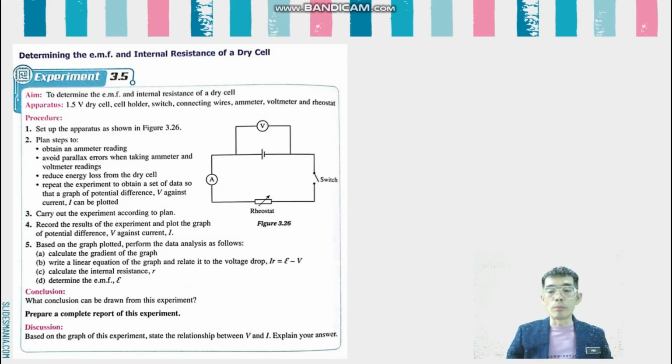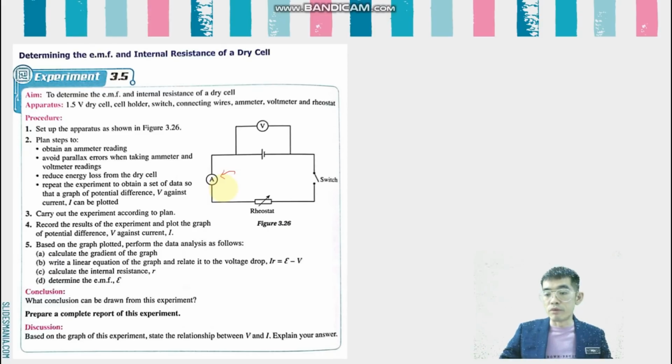This is a compulsory experiment you have already done in chapter 3, Form 5 syllabus, electricity. The experiment is experiment 3.5, to determine the E.M.F. and the internal resistance of the dry cell. So basically the arrangement of the apparatus will be like figure 3.26, and the manipulated variable in this experiment will be the reading of the ammeter.